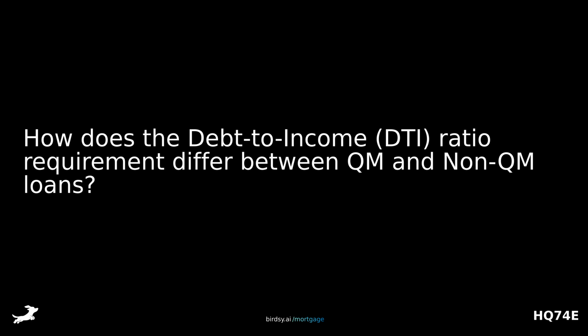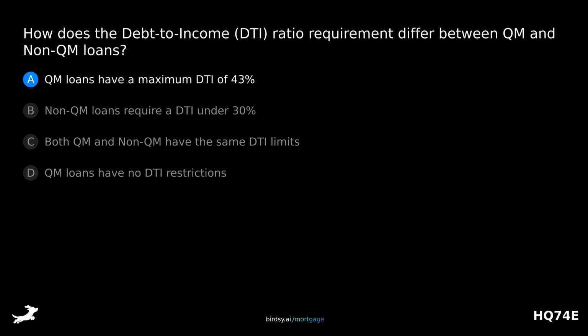How does the debt-to-income ratio requirement differ between QM and non-QM loans? Is it A, QM loans have a maximum DTI of 43%, B, non-QM loans require a DTI under 30%, C, both QM and non-QM have the same DTI limits, or D, QM loans have no DTI restrictions?